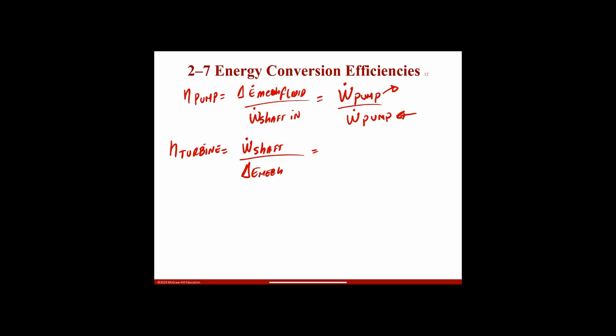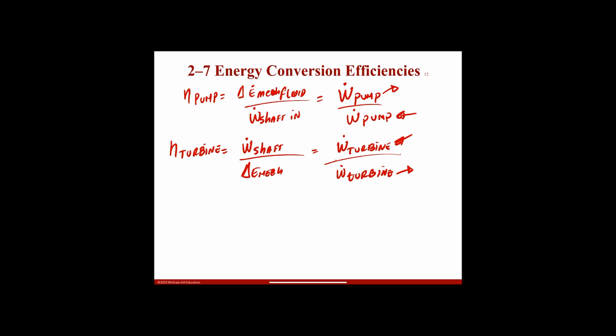And this is nothing more than the work given by the turbine, expressed in terms of the mechanical energy of the turbine as well. This is different now because now this is coming in and this is coming out. Okay? So just remember that because it's very important.